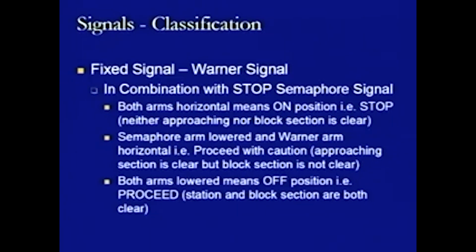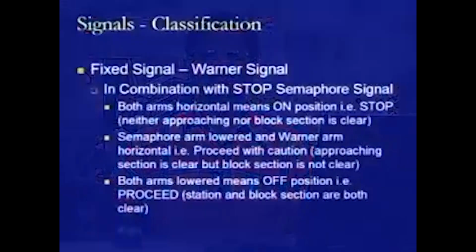In combination with the stop semaphore signal, what may happen is that both arms are horizontal, that is, the semaphore signal movable arm and the Warner signal movable arm are both horizontal, which means this is an on position and it defines a stop, that is, neither the approaching nor the block section is clear.